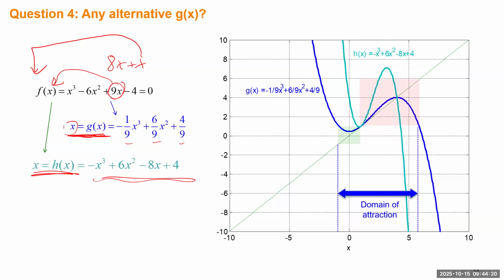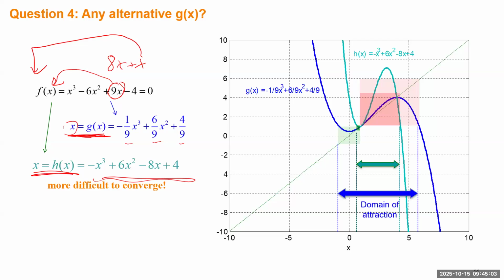If we start iterating within this area, we are able to get into this domain, so you will be safe to converge to either of the solutions. But for the second formula, both domains of attraction become smaller. So in order to converge to the solution, you need to be sure to enter this smaller domain of attraction. So the answer is the second formula is more difficult to converge.